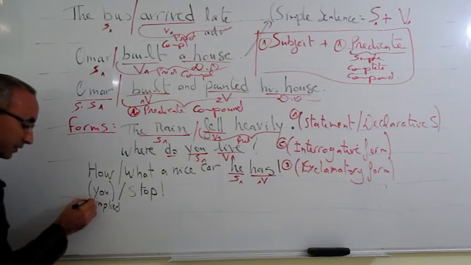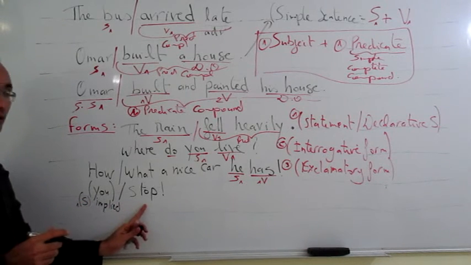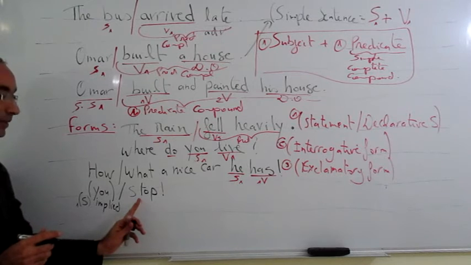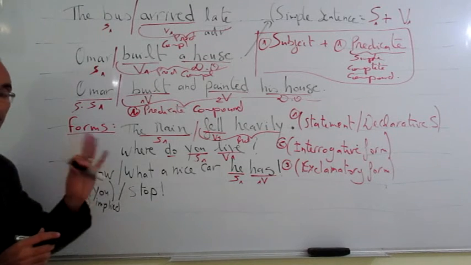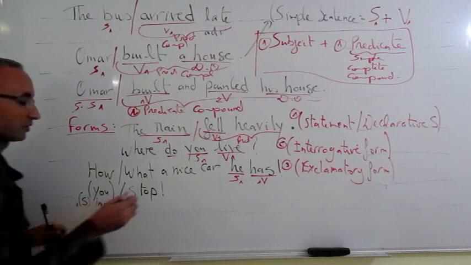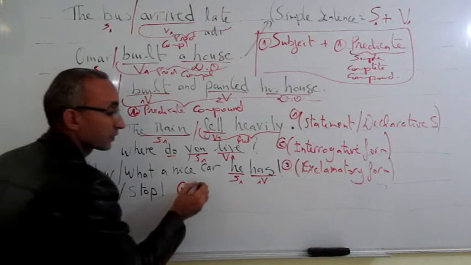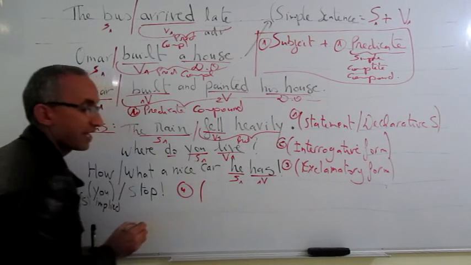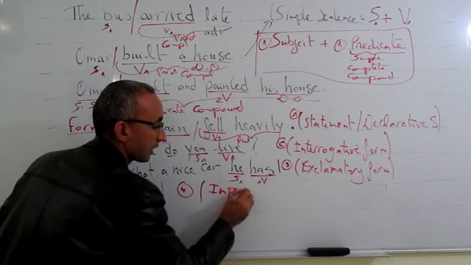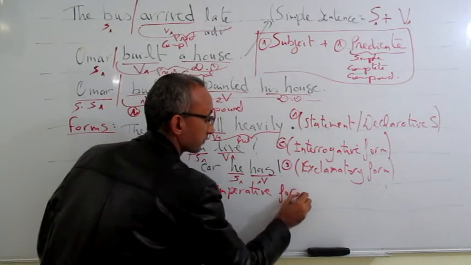It is my implied subject, and stop is my verb in the imperative mode. So the fourth form of the English sentence is imperative. Here the English sentence takes an imperative form, like in French.